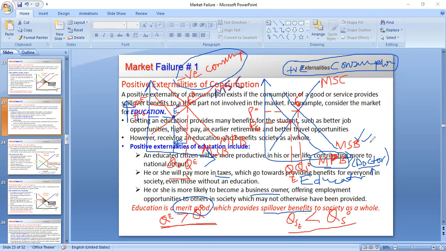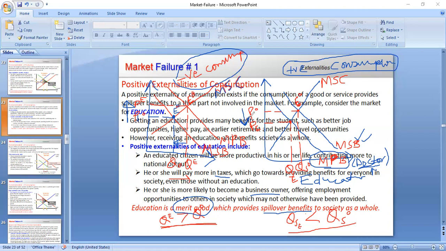Don't you think the marginal social benefit is more than the marginal private benefit of a doctor in terms of the salary that he gets? So because of that, the government responds to positive externalities by subsidizing.